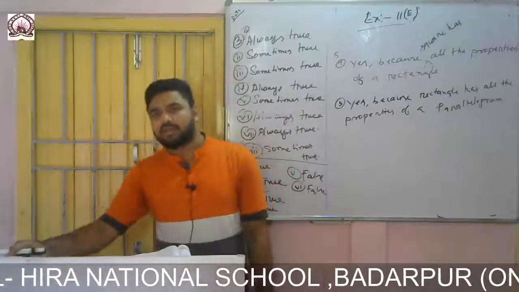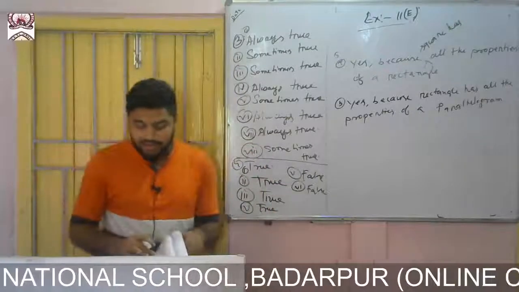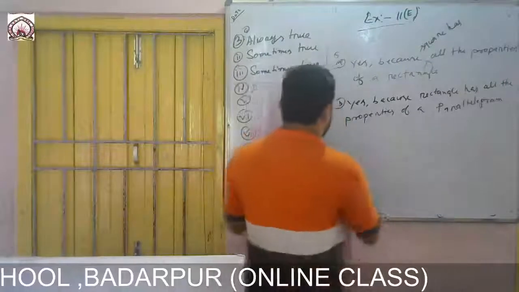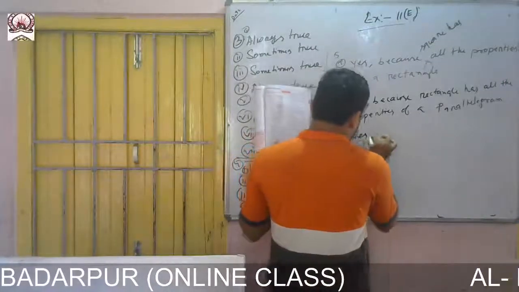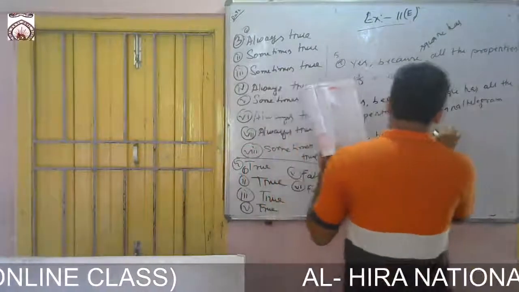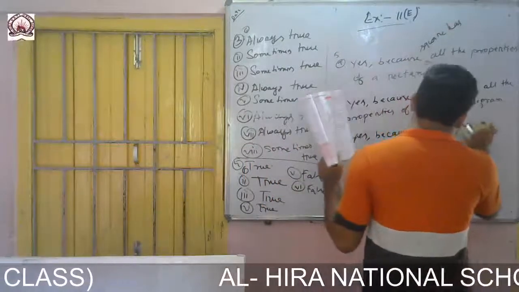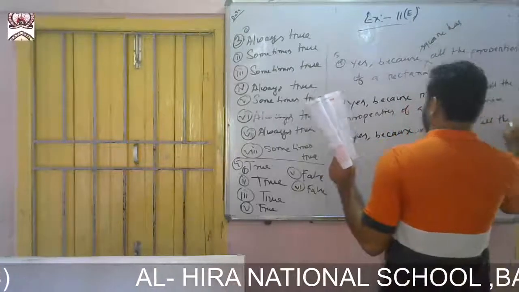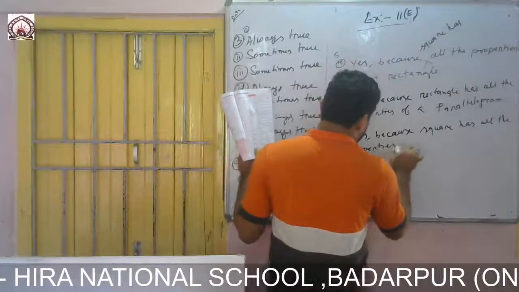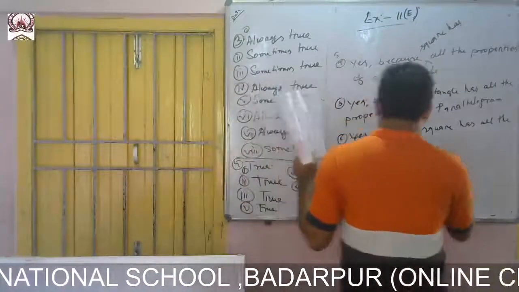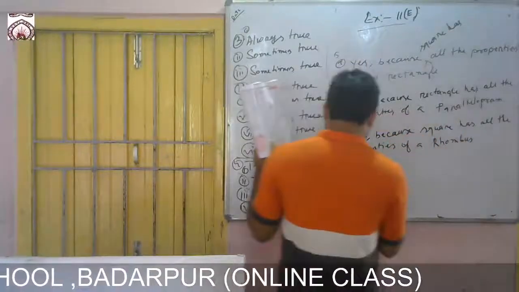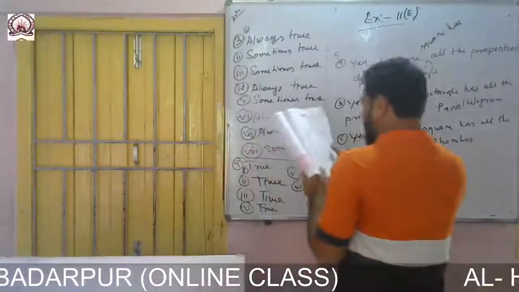And in a rhombus also, the sides are parallel to each other. So I can write: yes, because a square has all the properties of a rhombus.